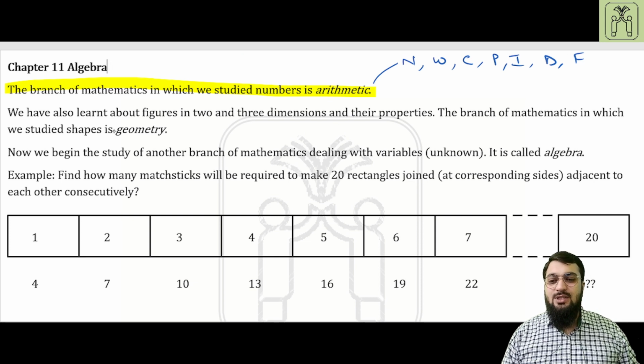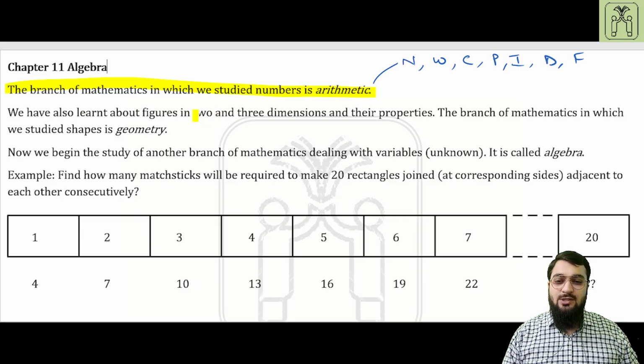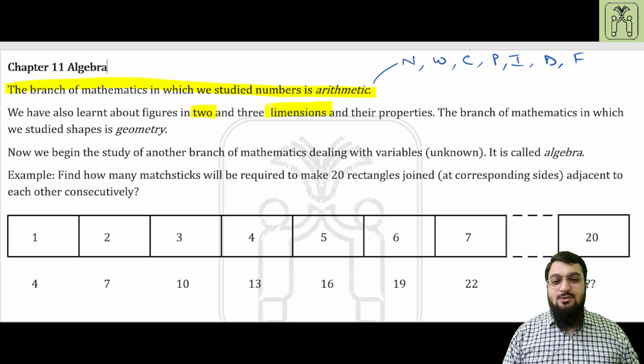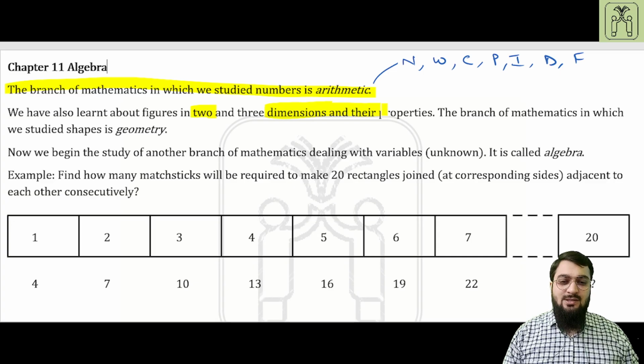The second thing which we see is that we have also learnt about figures in 2 and 3 dimensions and their properties. No, we have only studied the figures in 2 dimensions, not in 3 dimensions. We have not studied the perimeter, the surface area, the volume of a cube, of a cuboid, of a sphere, cylinder, etc. So NCERT Class 6 Mathematics has made us study only 2 dimensions, and that too rectangle and square.